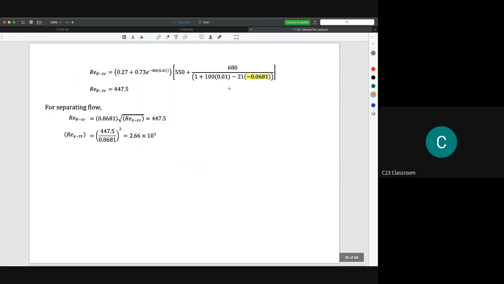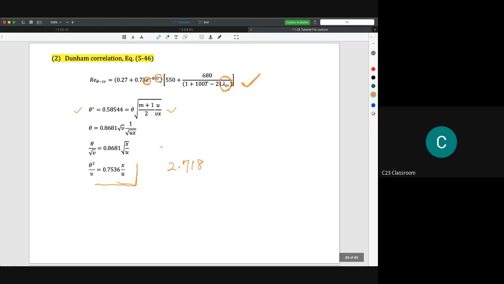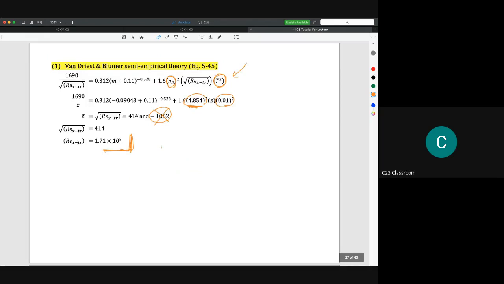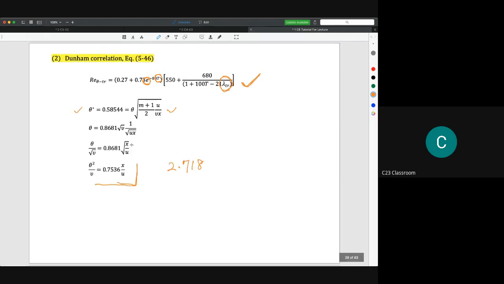We substitute the value of lambda and the value of turbulence here, which is 0.01%. Finally, we could get the Reynolds transition as 2.6 times 10 to the power of 5. We have 2.6 times 10 to the power of 5, and the other answer is 1.7 times 10 to the power of 5, which means the values are quite similar to each other.